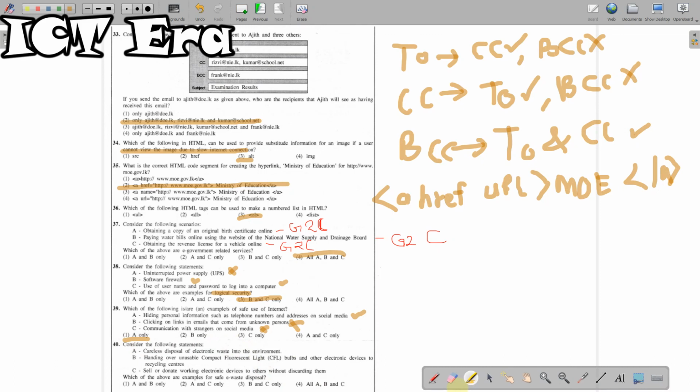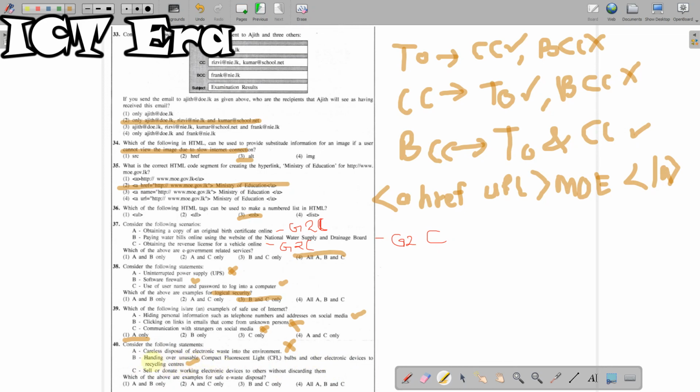Then the final question of part 1. Consider the following statements. Which of the above are examples for safe e-waste disposal? Careless disposal. Now careless, that means this cannot be taken as the answer. Handing over unusable CFL bulbs and other electronic devices to recycling centers.